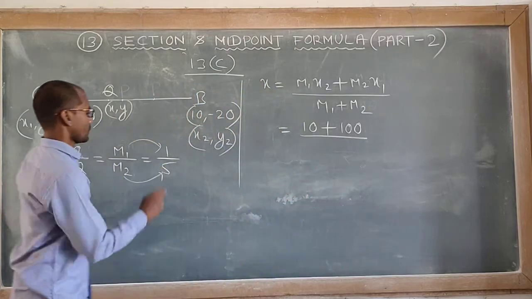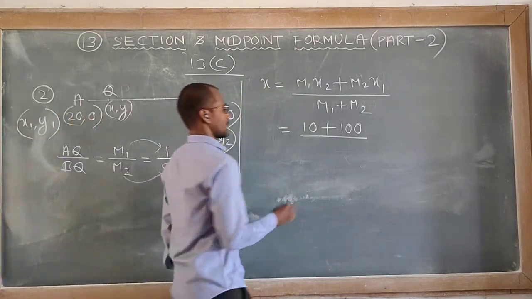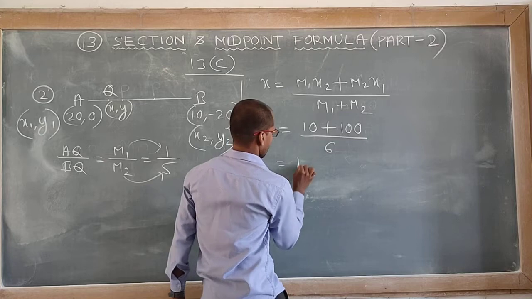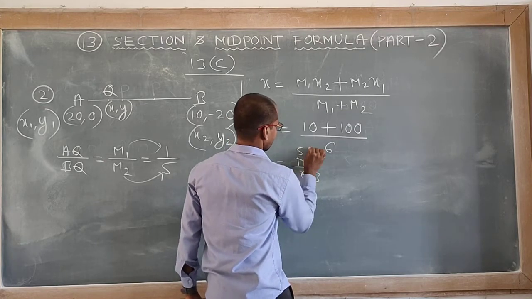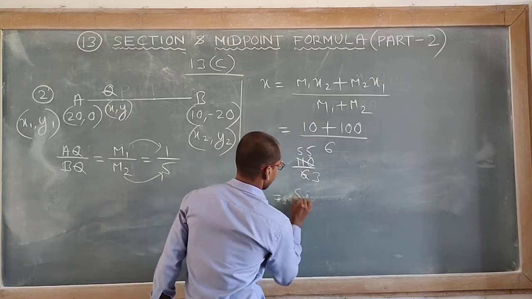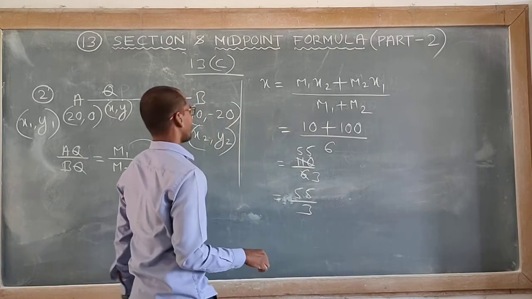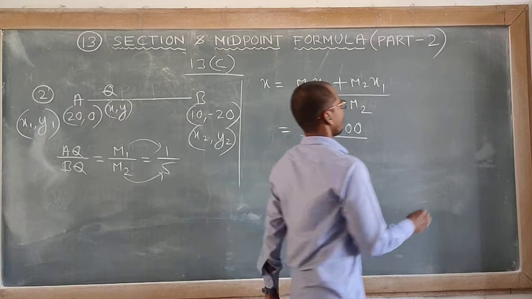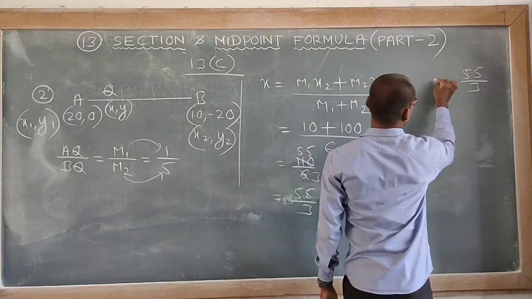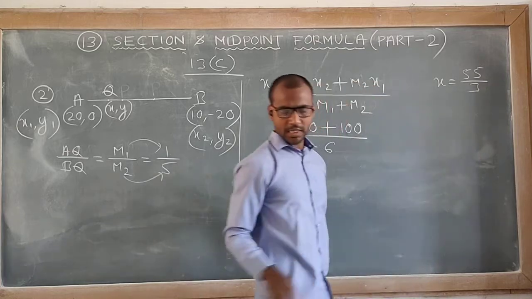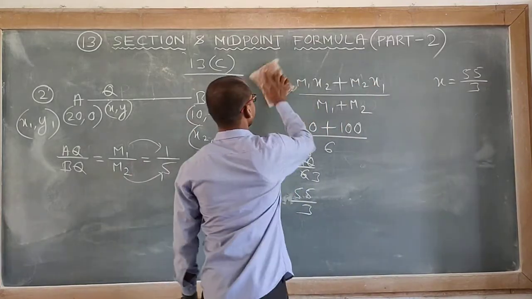M1 plus M2, 1 plus 5, which is 6. So 110 by 6. So we got 55 by 3. We got the x coordinate of point Q.